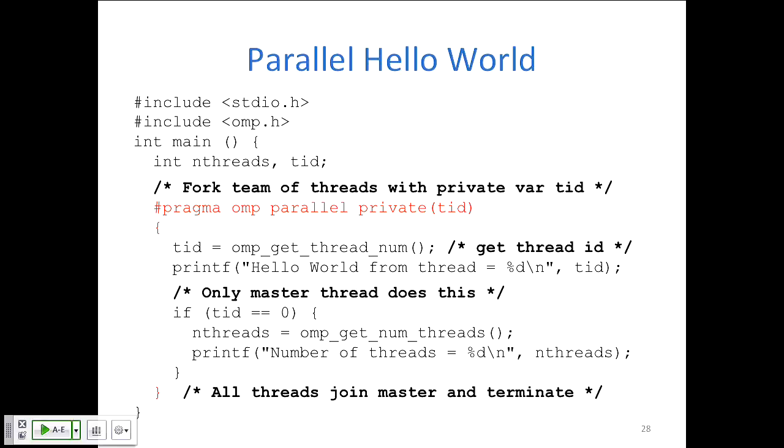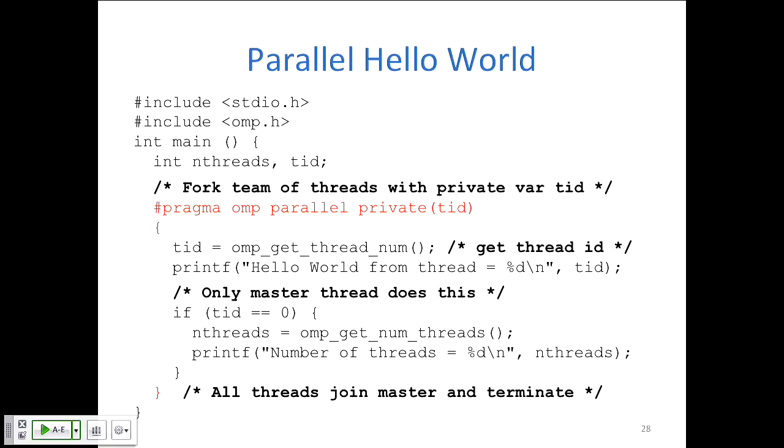Now notice here you say if the thread ID was 0, we've designated thread 0 to be the master thread, right? It's going to print number of threads here. How many threads were there in total? And just do this once, okay? And then this is the closing brace for this pragma. So at this closing brace, all those threads come together, finish, and terminate, and then you can exit the program.